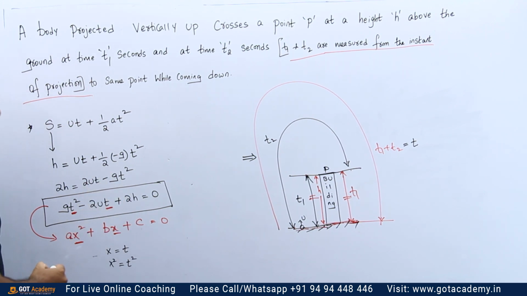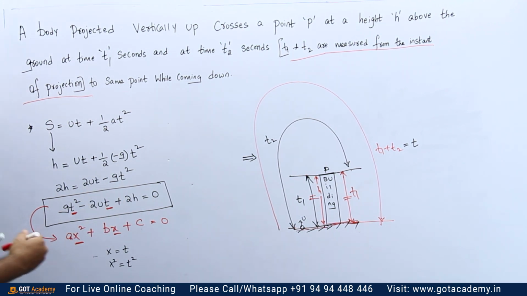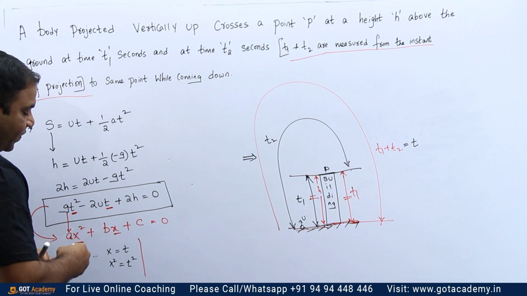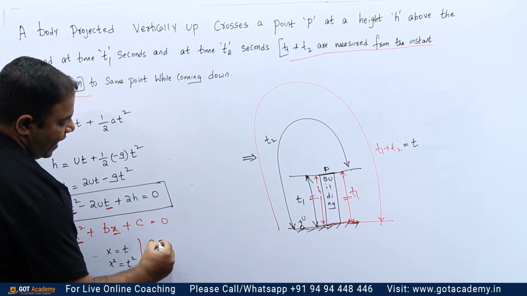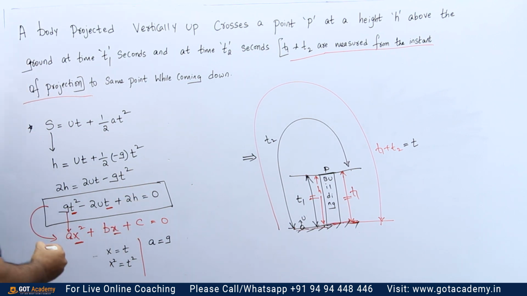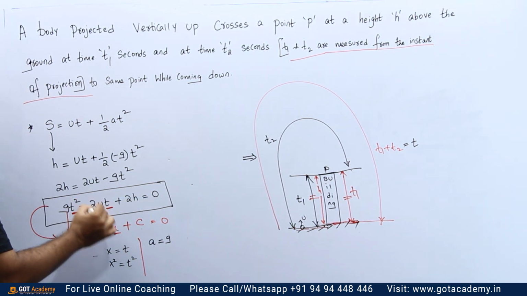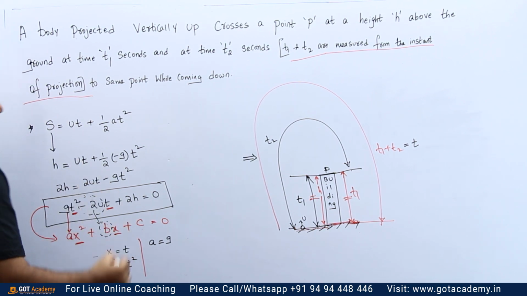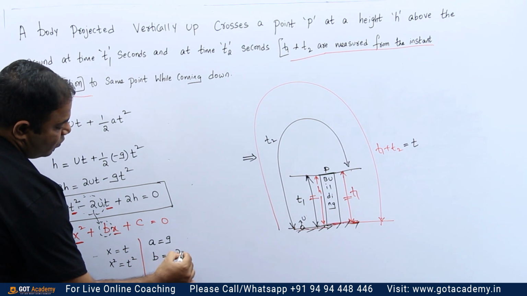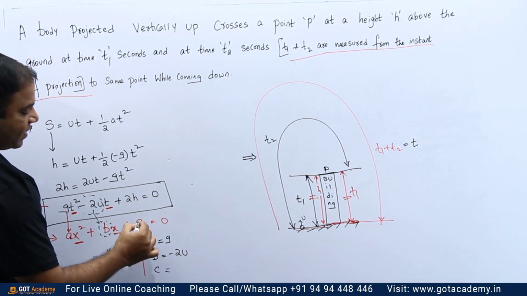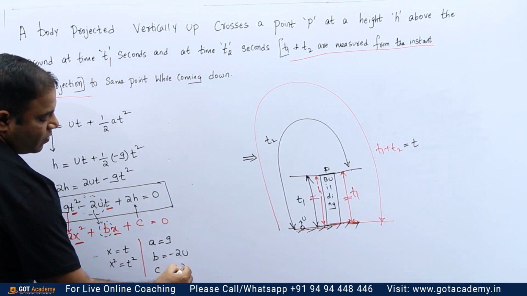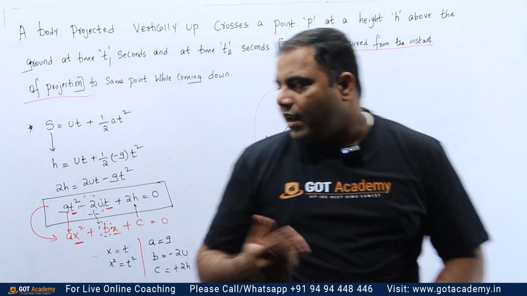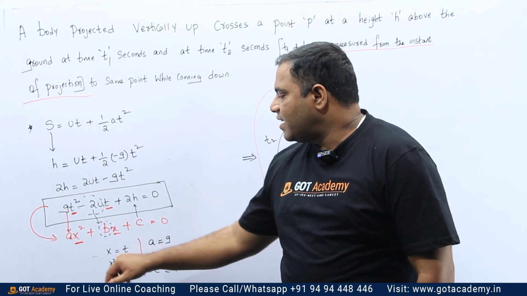If x square equals t square, then the remaining g is equal to a. So in place of constant a, there is g. In place of constant b, you have minus 2u. In place of constant c, you have plus 2h. So now I have written what A is, what B is, what C is and what X is.